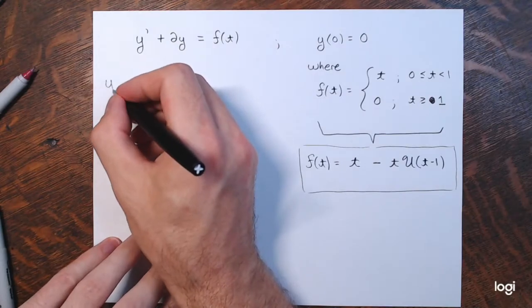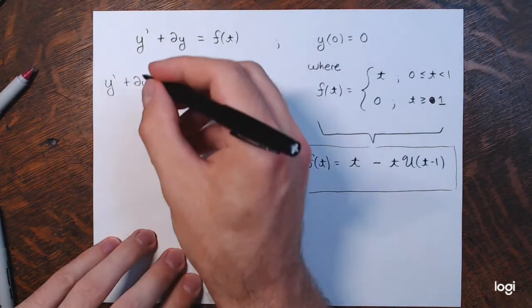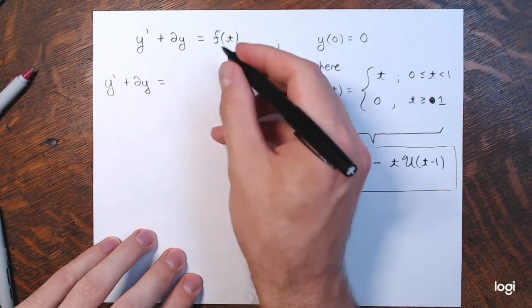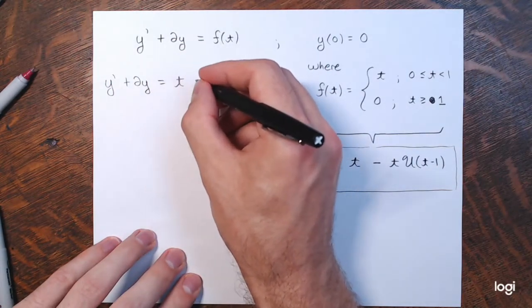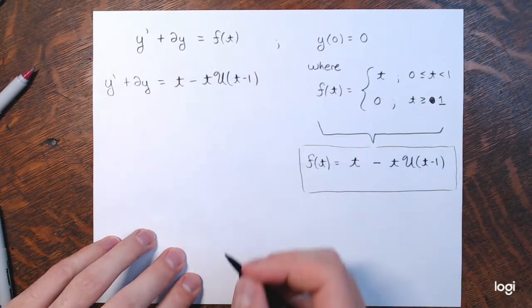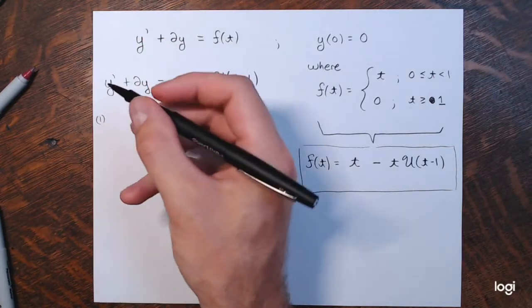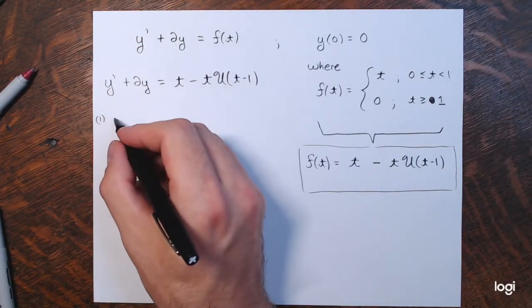So now I have the following: y prime plus 2y equals f of t, which is t minus t times the unit step function at t minus 1. Alright, then the first step in all this is, take the Laplace transform of both sides.